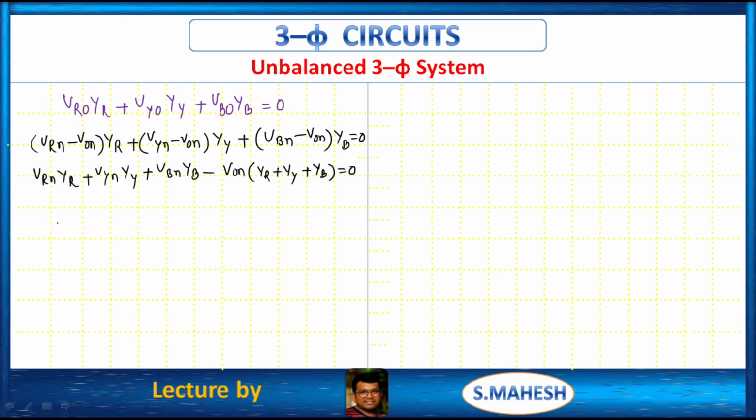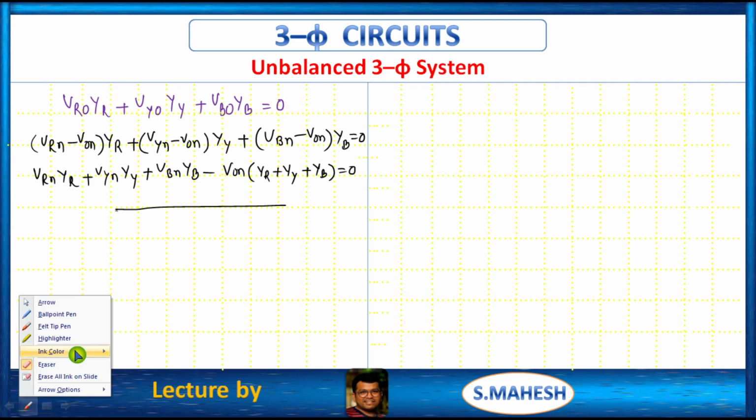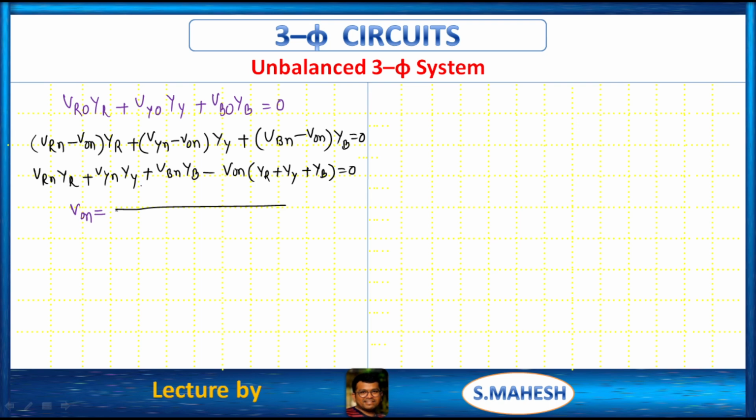So from this we can get the value of V_ON, which is equal to (V_RN Y_R plus V_YN Y_Y plus V_BN Y_B) by (Y_R plus Y_Y plus Y_B).